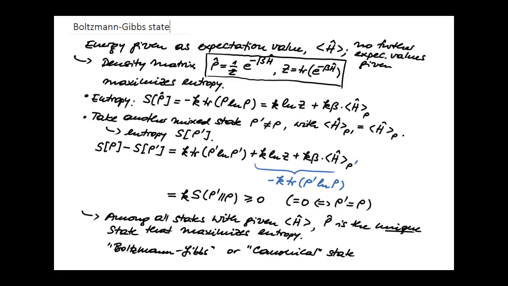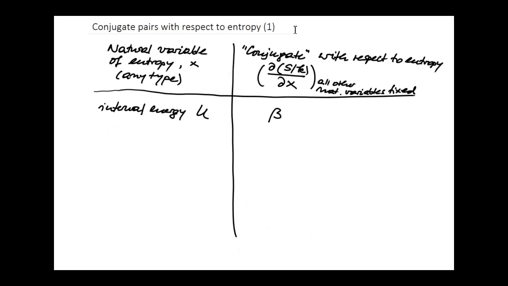Here it is called beta. So if we take the partial of entropy with respect to the energy expectation value, we obtain beta. And this holds generally, regardless of whether the energy is given as an expectation value or as a sharp constraint. Its conjugate with respect to the entropy is called beta.